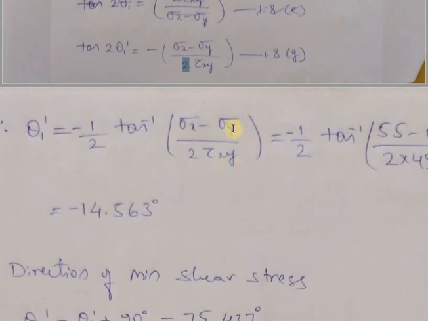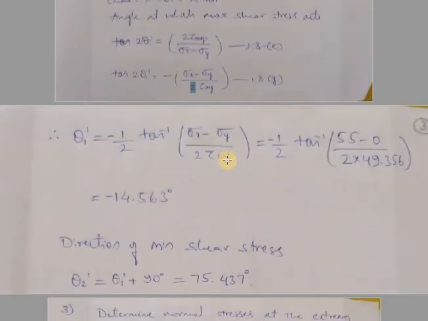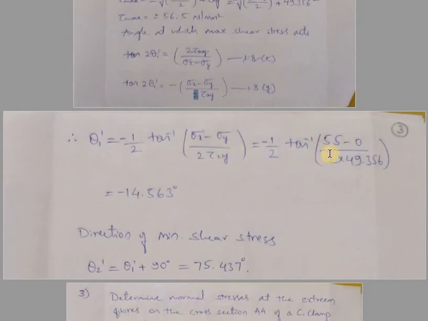Substituting sigma x as 55, sigma y as 0, tau xy as 49.356, you'll get theta 1 dash as minus 14.563 degrees. This is the angle of maximum shear stress. This theta 1 dash is nothing but theta s max, which was mentioned earlier in the previous problem.